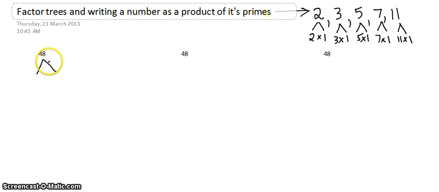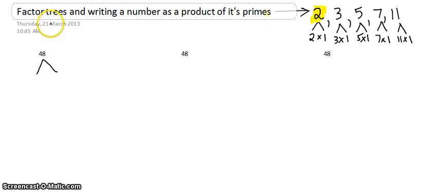In other words, what are two factors when multiplied make 48? It's really easy to pick out the smallest prime number. The smallest prime number that we have is the number 2, and that's really easy to use because if we look at the number 48, it's an even number, so we know we can divide it by 2.